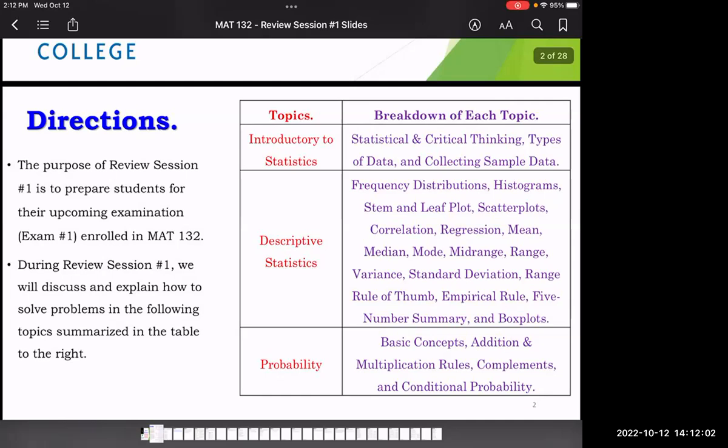Your exam number 1 should consist of topics starting from the very beginning of class all the way up to probability. Now, every instructor teaches differently, so I don't know exactly where they are up to in their course, but based on the Pearson MyLab, I'm covering basically chapters 1 through 4. So it's everything from the beginning all the way to conditional probability.